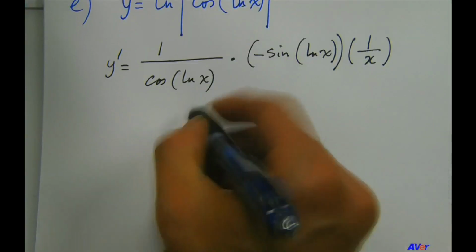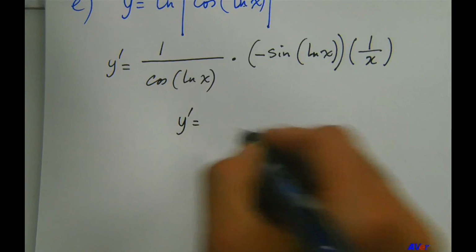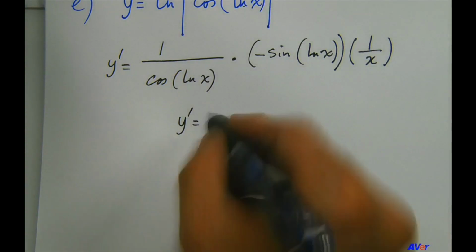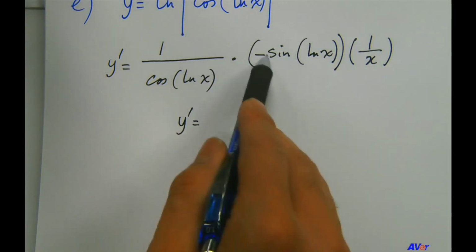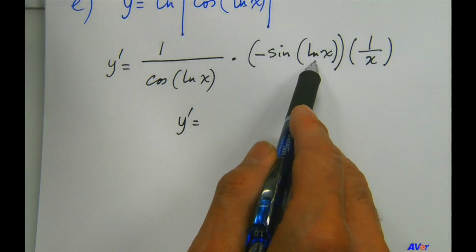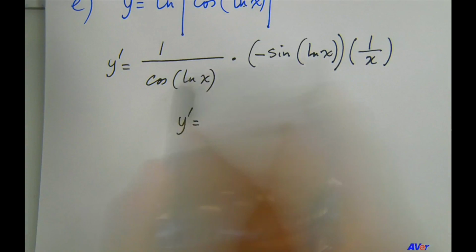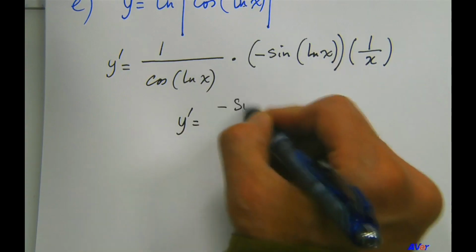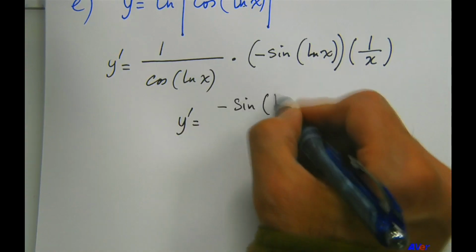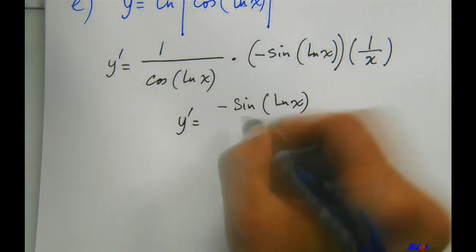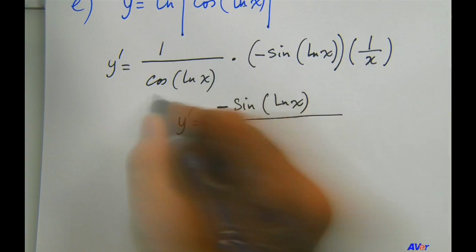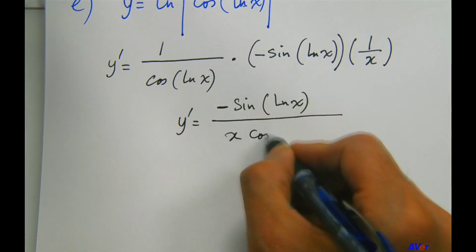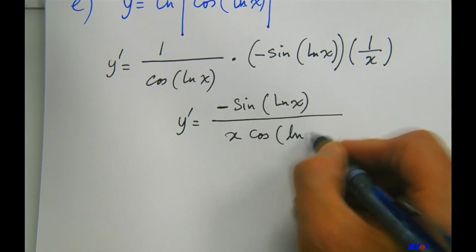We have y prime equals minus sine of natural log of x divided by x times cosine of natural log of x.